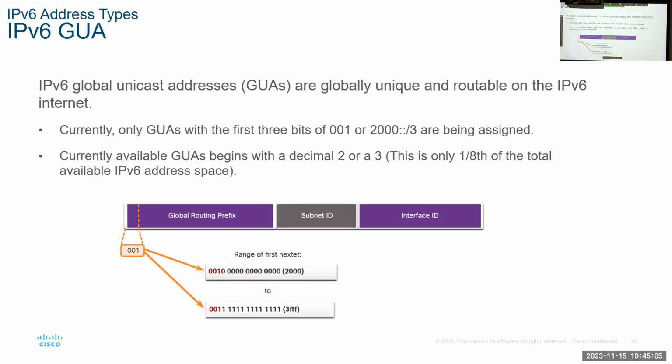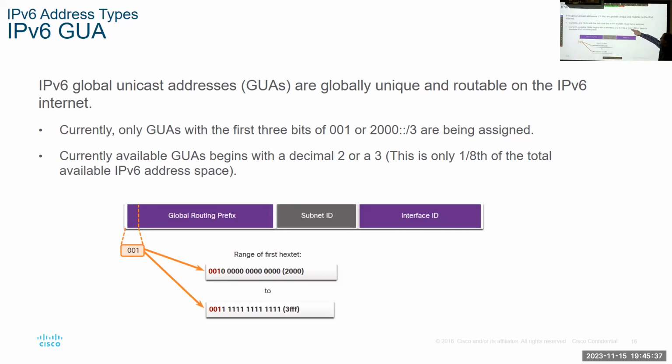Okay, so globally unique addresses. In globally unique addresses, the first 3 bits are going to have the pattern 001. That tells the rest of the world or the router that that's a globally unique address.